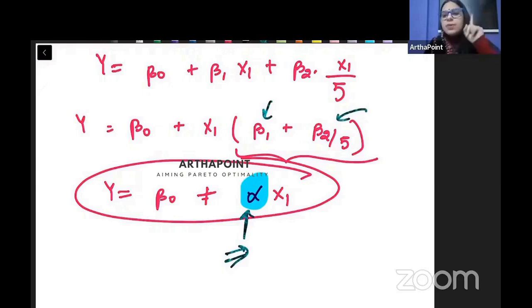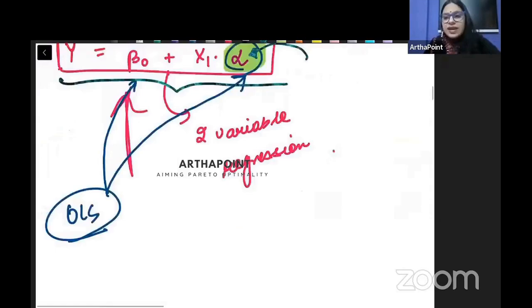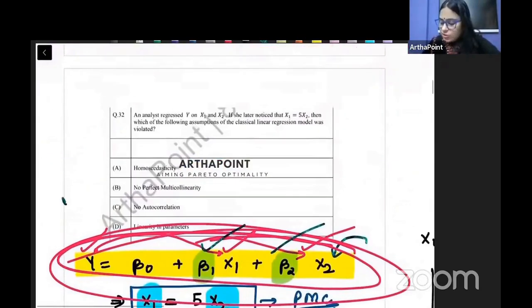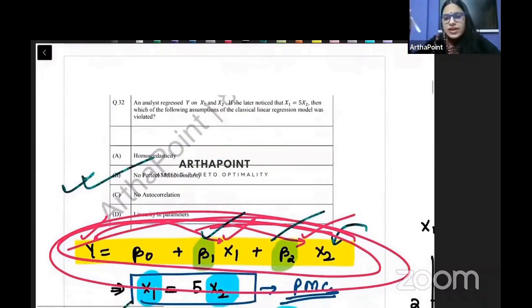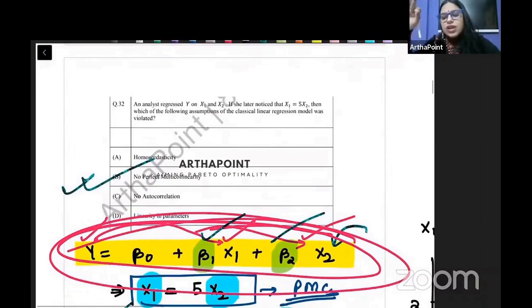That's the problem with perfect multicollinearity. That is why this assumption is very important. Okay? So what is being violated, beta? Which assumption is being violated here? That we should not have perfect multicollinearity, but here perfect multicollinearity is present, right? Okay, beta. Then how will we find the variance inflation factor? Variance inflation factor only plays a role when there is imperfect multicollinearity.